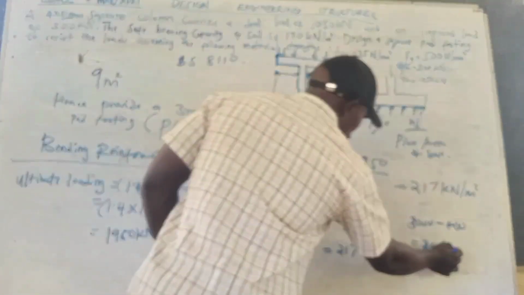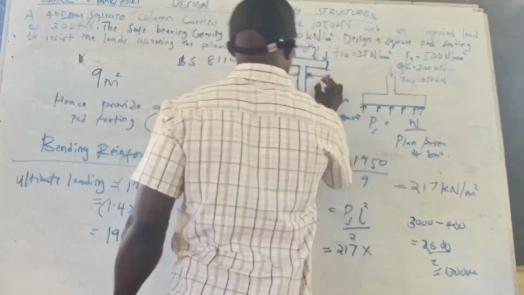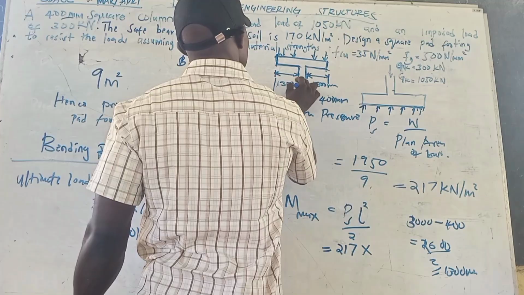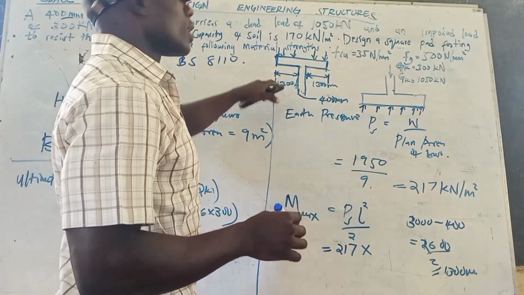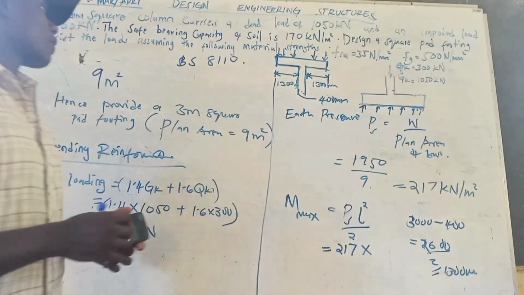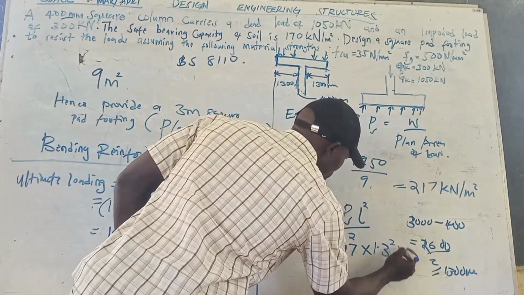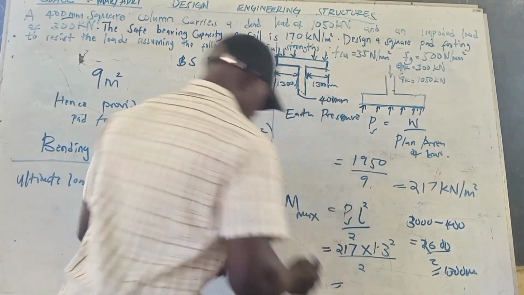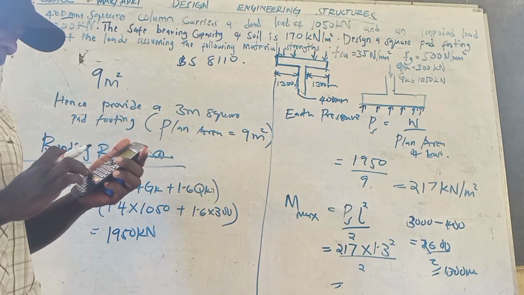Then you divide it by 2 to get 1300 millimeters. So we are working with 1300 millimeters from the column to the exterior part of the footing. So our length is going to be 1.3 squared divided by 2.